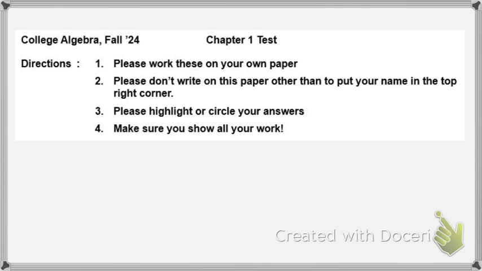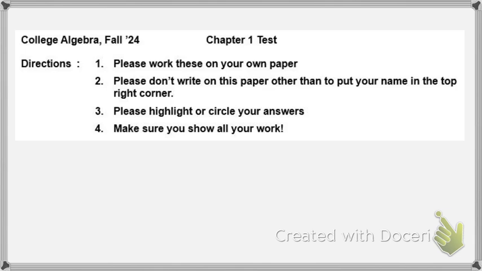First, I want you to work all these out on your own paper. The test paper, please don't write on it, except right up here, where you're going to write your name.